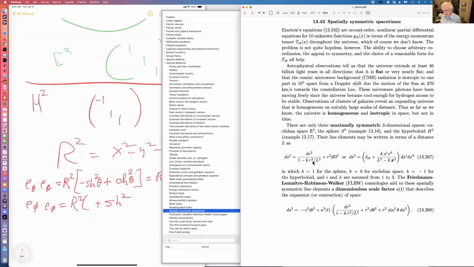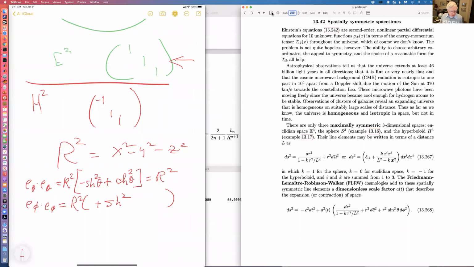K equals +1 is the closed universe. And as far as we know, k is equal to 0 experimentally. So we live in a very simple cosmology. Now it may turn out, in 5 or 10 years, or sometime in your careers, that we discover that the universe has a k that's non-zero.